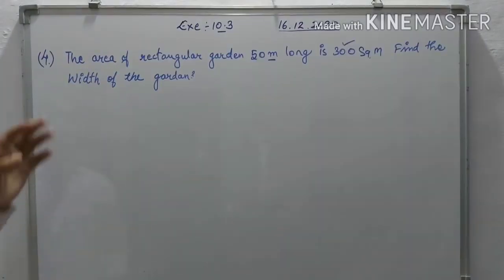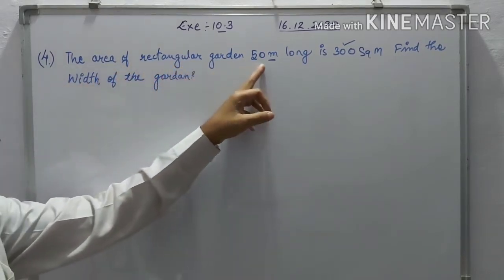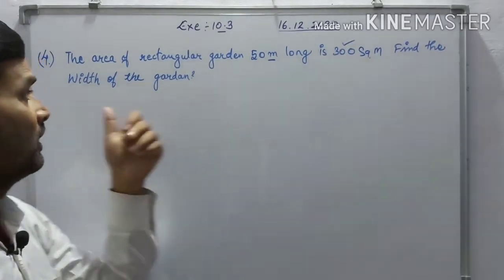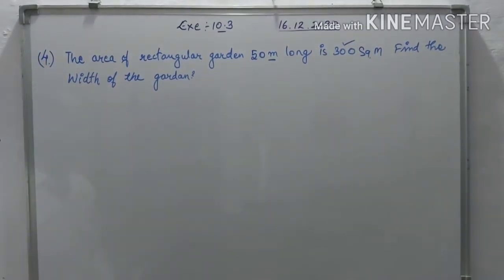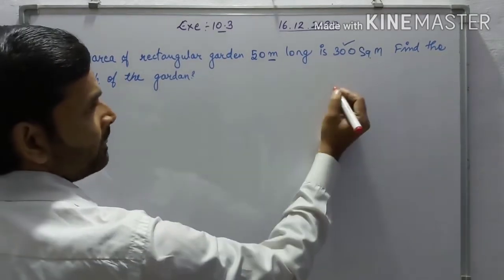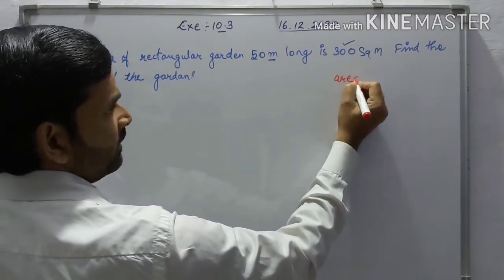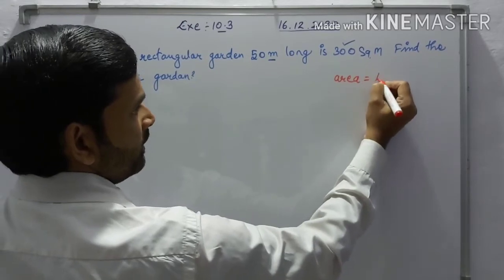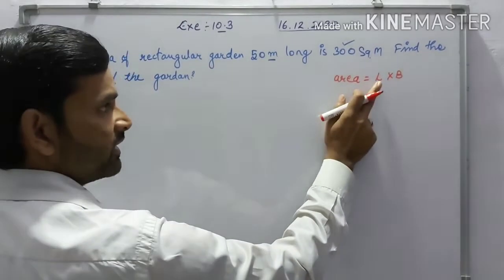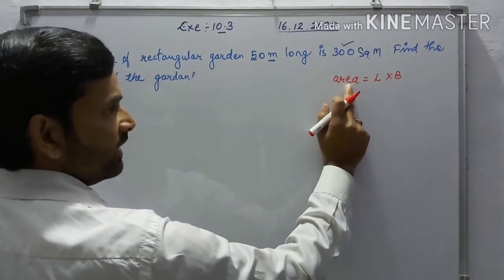Question number 4. The area of the rectangle garden 50 meter long is 300 square meter. Find the width of the garden. Okay, in this question you find the width. Now you write the area is equal to length into breadth. Okay, so if length and breadth are given, you find the area.